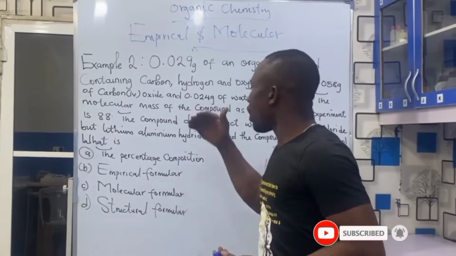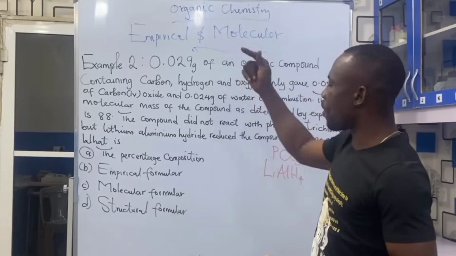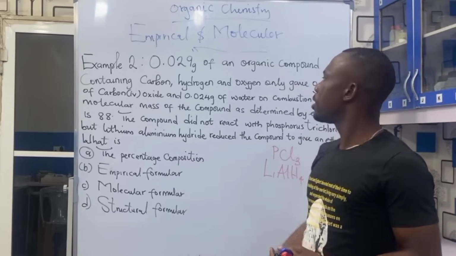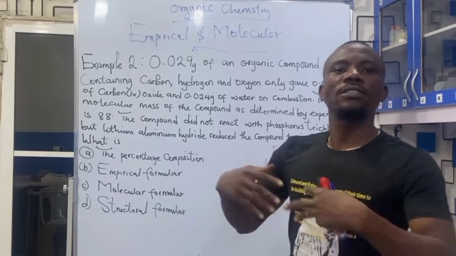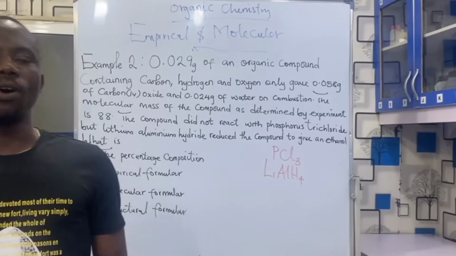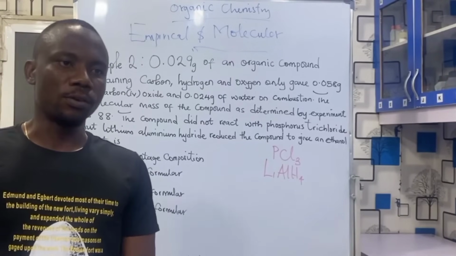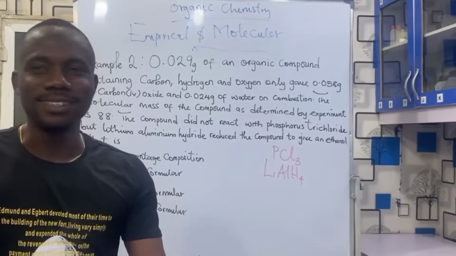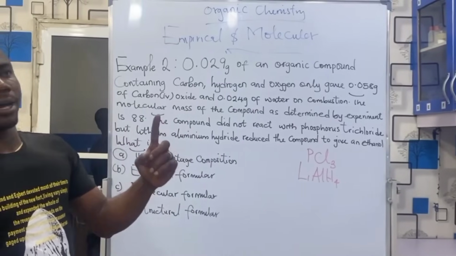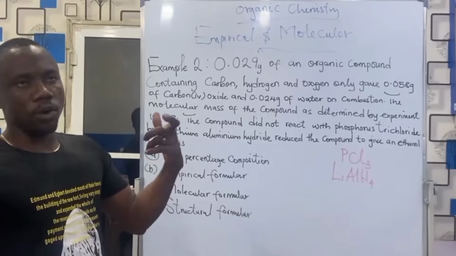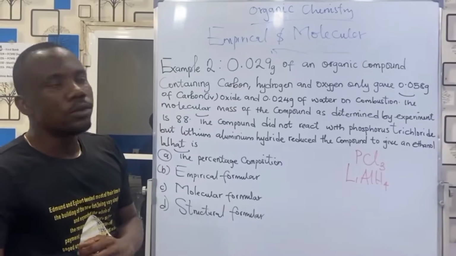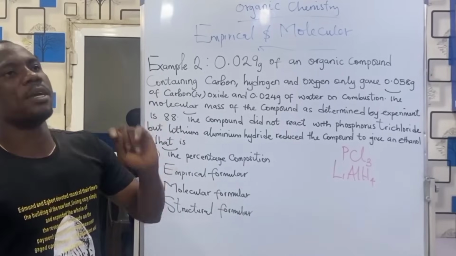So we are asked to determine not only the empirical formula, molecular formula, and the structural formula, but of course, the percentage composition. This as well will simply undergo the 3 basic steps of determining empirical and molecular formula, which is 1, finding the relative atomic mass of the compound and the relative molecular mass of the compound times the weight of the compound in which the element is in.